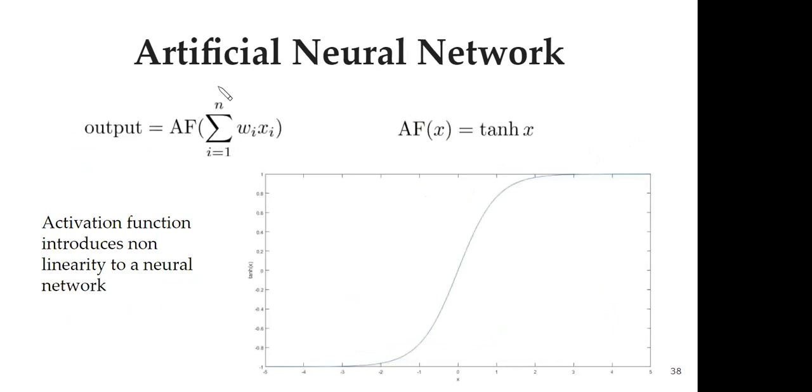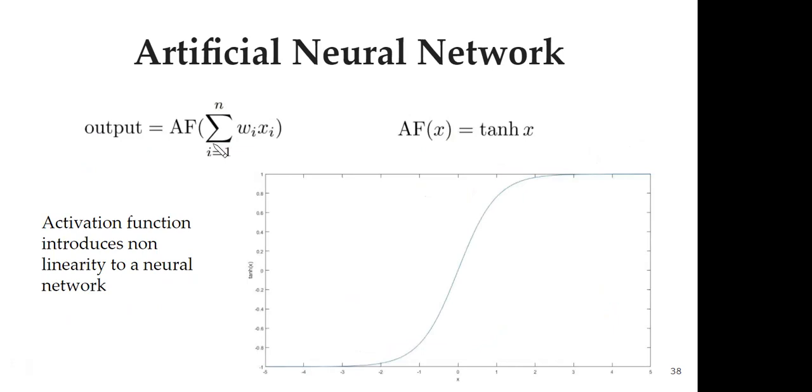So this is how the output of a neuron that we build is calculated. It is basically a weighted sum of all the inputs, which is passed through a function called activation function. Now, the activation function is included in order to add non-linearity to the neural network.